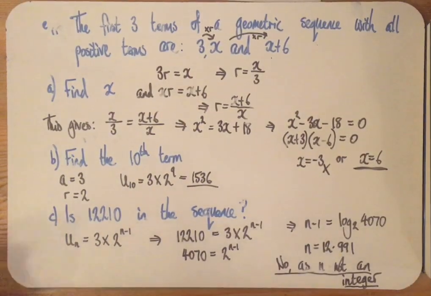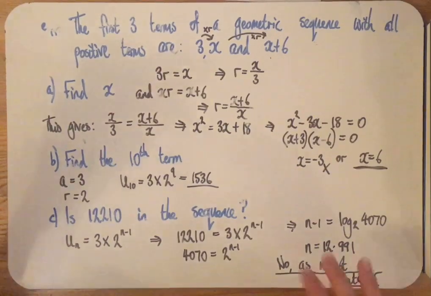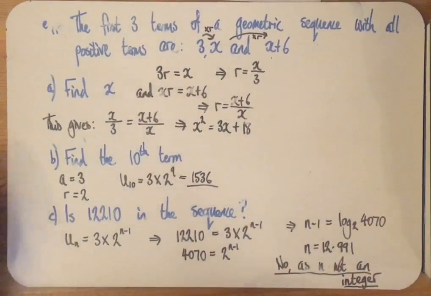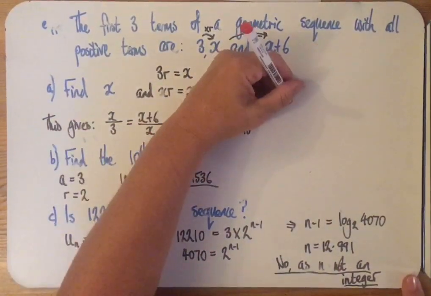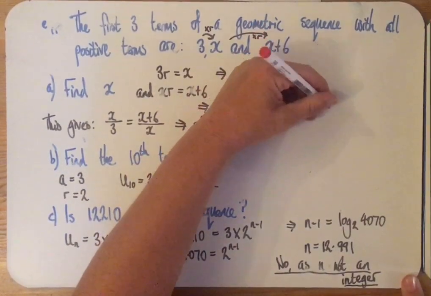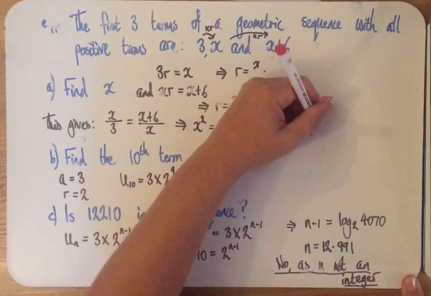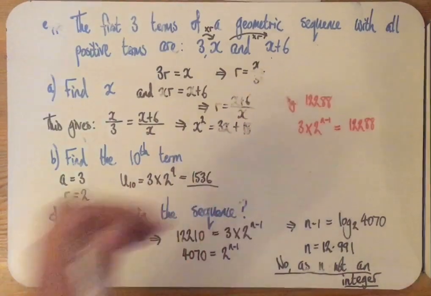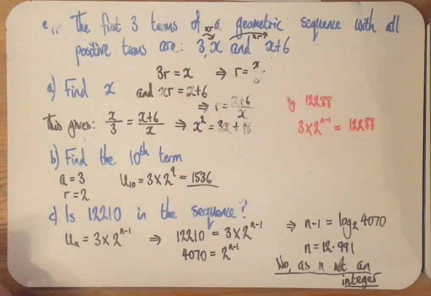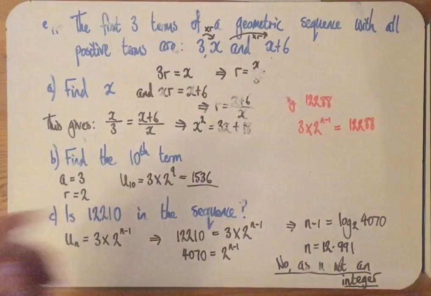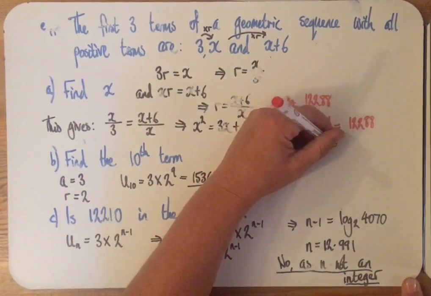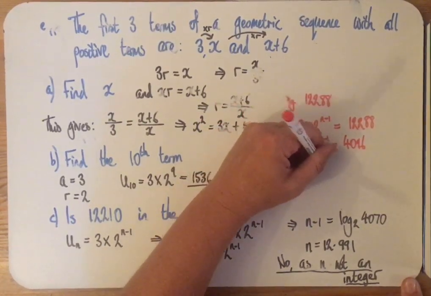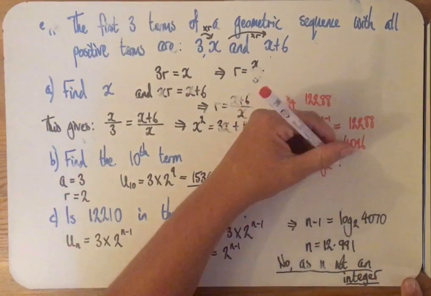If you compare that with 12288, which I could just pop up there in a different colour. So if you do 3 times 2 to the power n minus 1 equals 12288, and then divide by 3, which gives you 4096, and then you can rewrite that power as a log, or take logs of both sides like I did in the other example, either or.